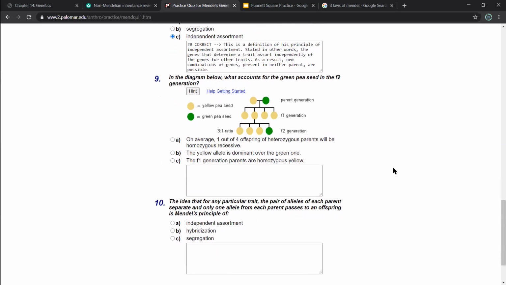Okay, in the next question, in the diagram below, what accounts for the green pea seed in the F2 generation?